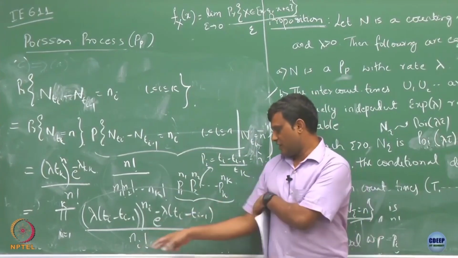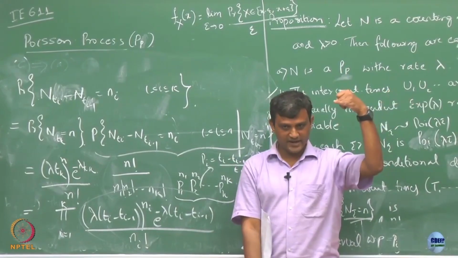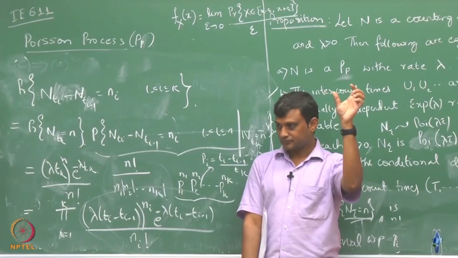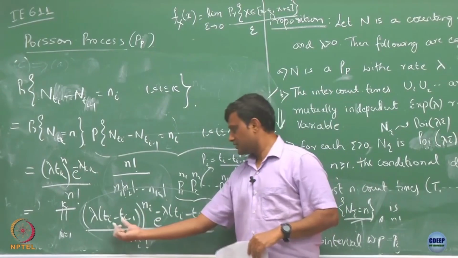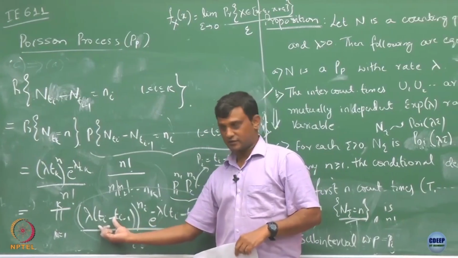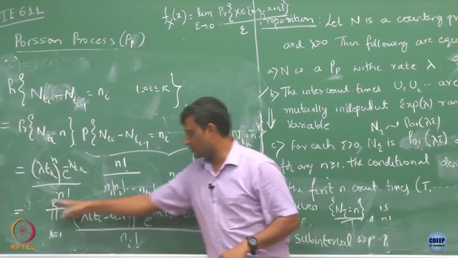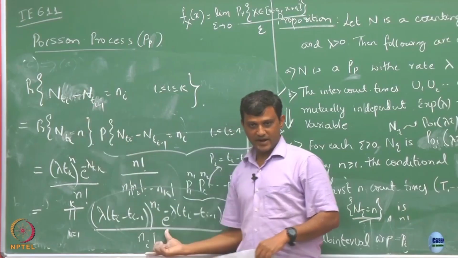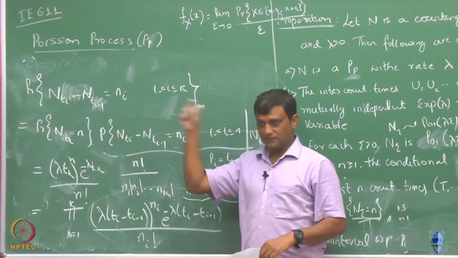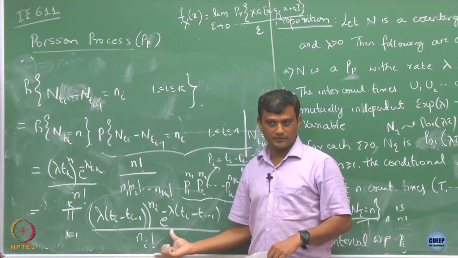So I am already showing the third property of the Poisson process, that each of these random variables is Poisson distributed with rate proportional to the length of the interval. Further, we have shown through this product that these increments are independent, because each one of them I am able to write in product fashion.